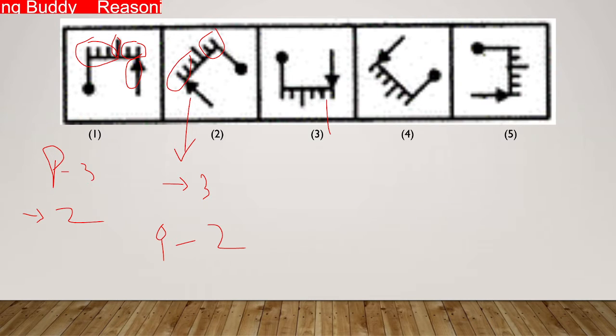In figure 3, the arrow has 3 and the lollipop has 2. In figure 4 also, the arrow has 3 line segments and the lollipop has 2 line segments.